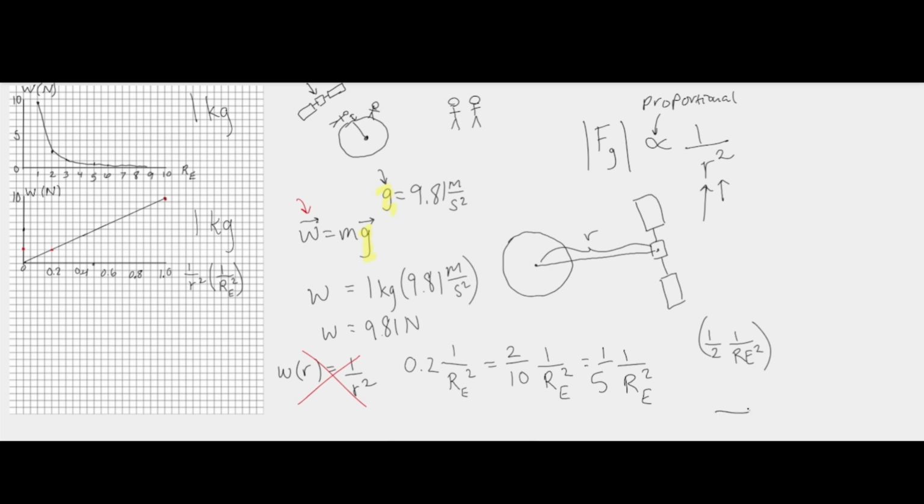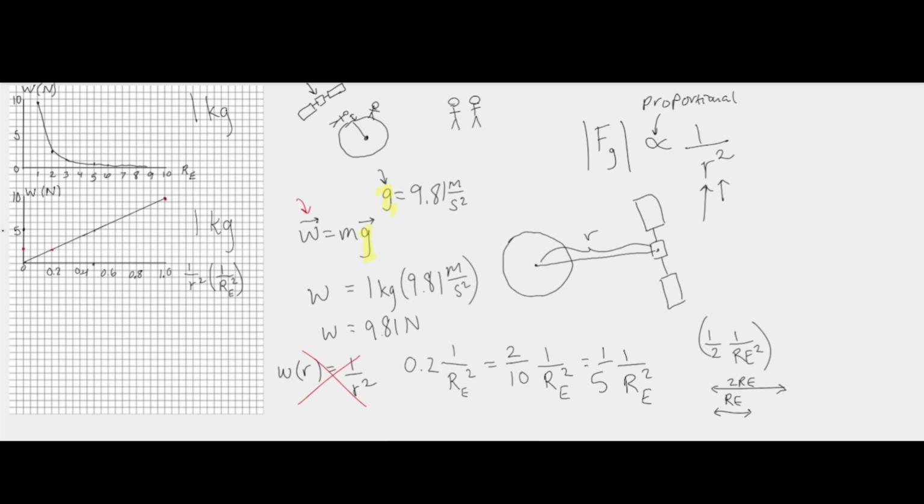In other words, if this is the radius of the Earth, well then this is 2 times the radius of the Earth. And we expect the force to be 1/2. And that's about where it is right here. It's just shy of 5.